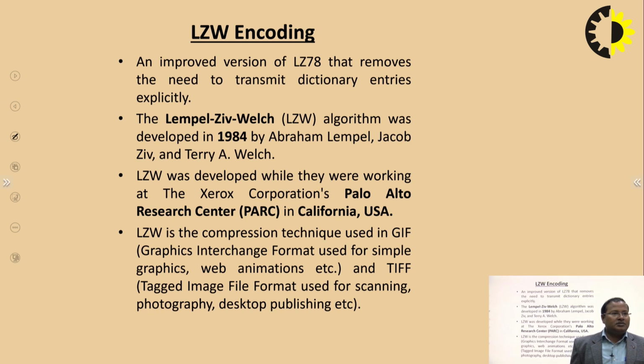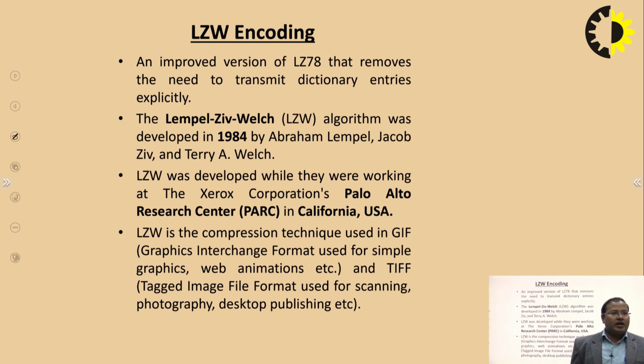The Lempel-Ziv-Welch algorithm was developed in 1984 by Abraham Lempel, Jacob Ziv, and a new scientist was added, called Terry Welch. Due to his name, the encoding is known as LZW.